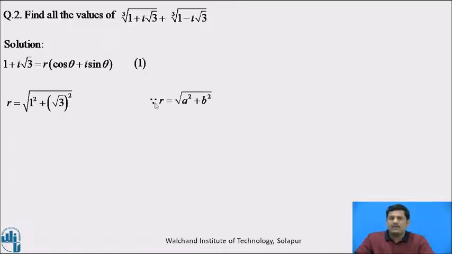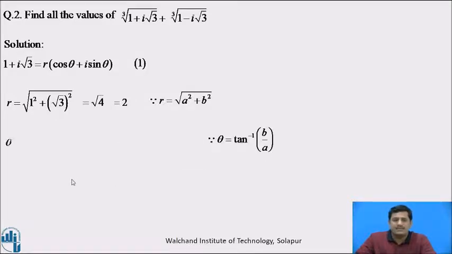We know that r is given by root of a square plus b square, where a plus ib is any complex number. Here a is 1 and b is root 3. That's why we write r equal to square root of 1 square plus root 3 square, and it will be root of 4, that is 2. And theta is tan inverse of b by a.